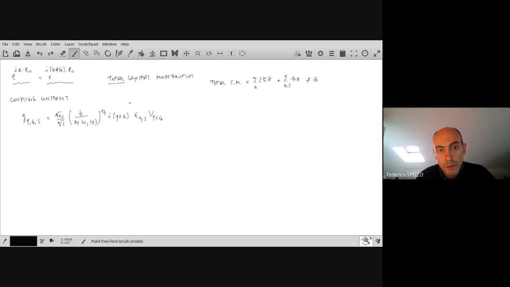In this case, I would like to discuss what the value of this coupling constant is in the limit of low Q values. Later, you will understand why I use this limit. But for the moment, let's just discuss what happens to this term when the value of Q is small. Before going on, let's just focus on G.